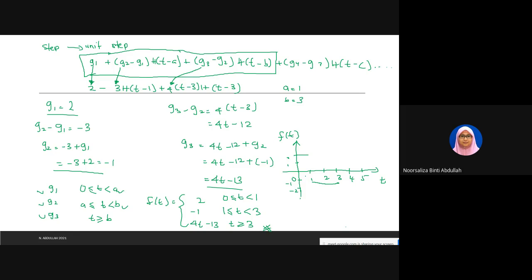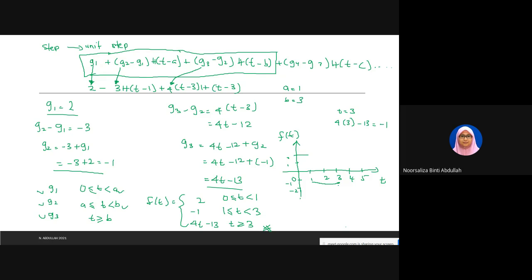Okay, next is 4T minus 13. So for T equals to 3, FT equals to 4 times 3 minus 13, then 12 minus 13 is minus 1. So betul lah dia kat sini.